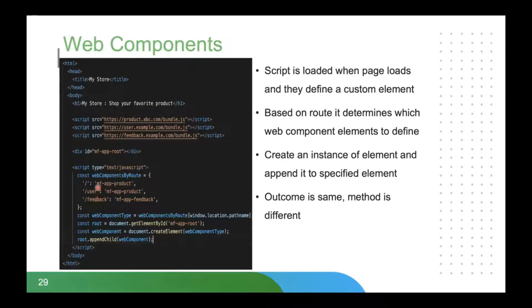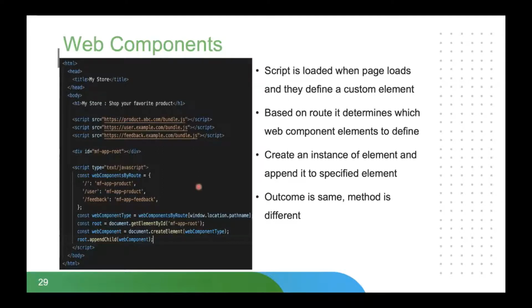It will create an mf-app-product custom element, and whenever through the route we know that the user is on the feedback page, it will create a web component and render it to the root element. What is the root? Here we have mf-app-root as the element. On this element our web component will be rendered.